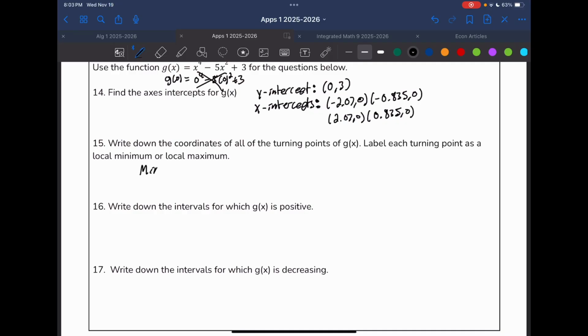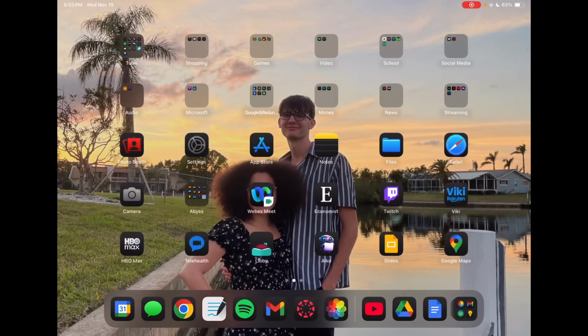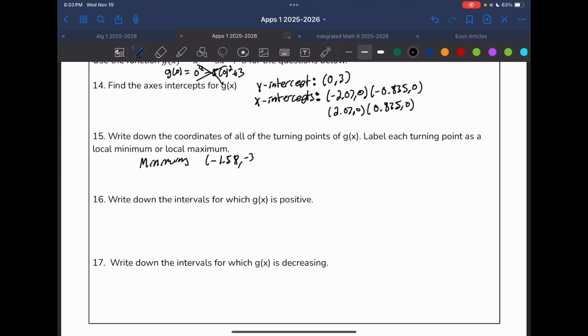We have minimums at negative 1.58, comma negative 3.25. And again, using symmetry, the other one is going to be 1.58, comma negative 3.25.